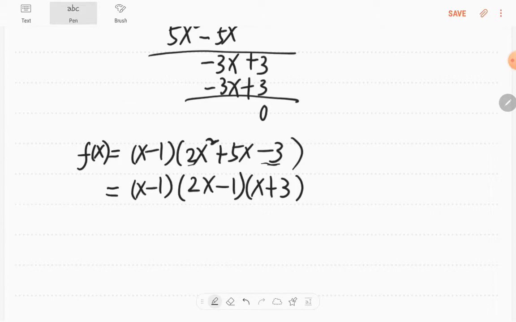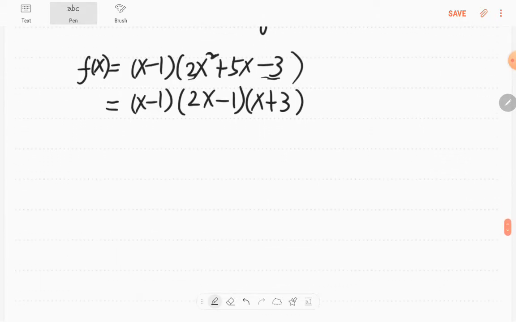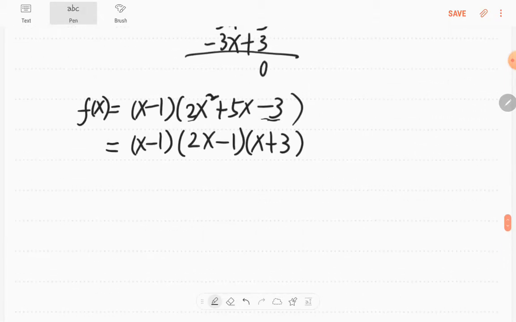Okay, so far, we only considered the rational zeros. So in other words, these are rational numbers, right? So now, we want to look at the complex zeros.